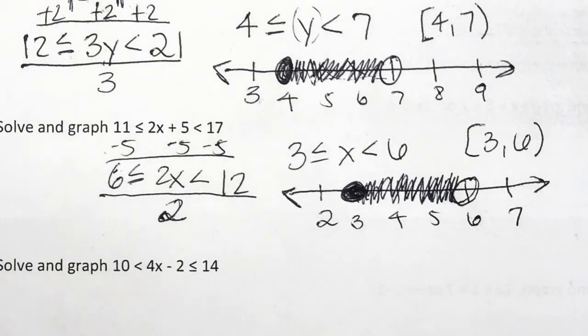Okay. This one's going to have a ball in it. So how do you get 2, 3, 4, 5, 6?